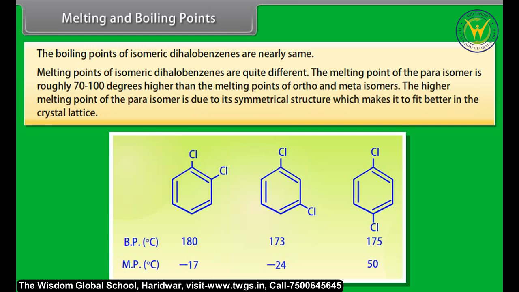The melting point of the para-isomer is roughly 70 to 100 degrees higher than the melting point of ortho and meta-isomers. The higher melting point of the para-isomer is due to its symmetrical structure, which makes it fit better in the crystal lattice. Density.